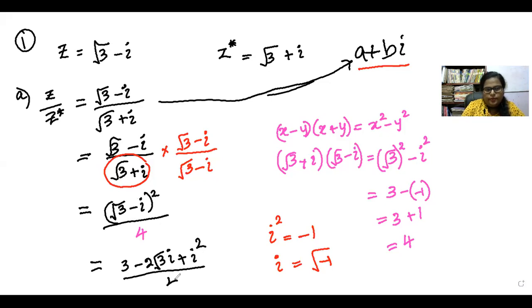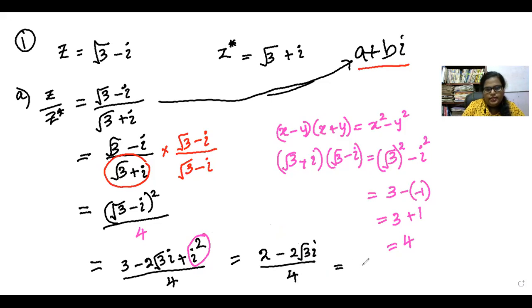The denominator we have 4. So you can see here we can simplify this also, because i squared is minus 1. So here we have another real number, like 3. So 3 minus 1 gives you 2. So minus 2 square root 3 i divided by 4.